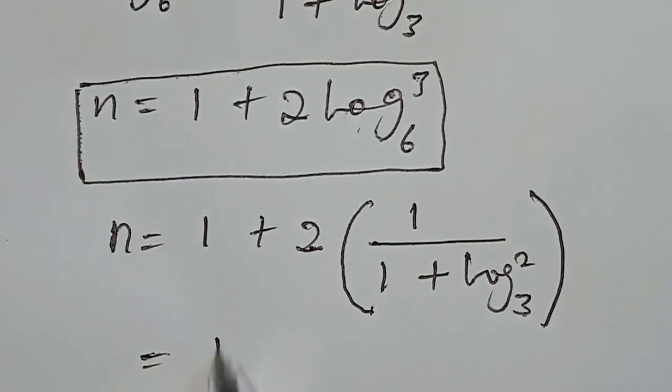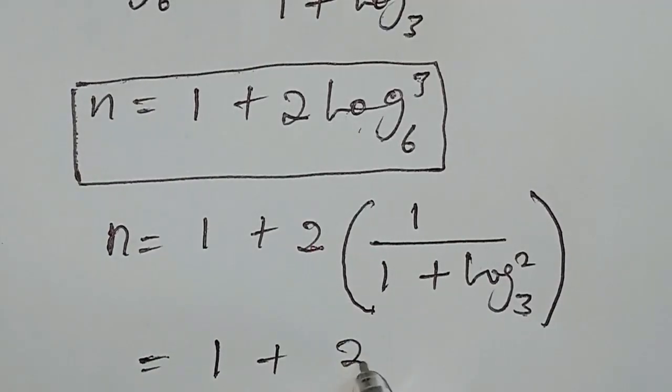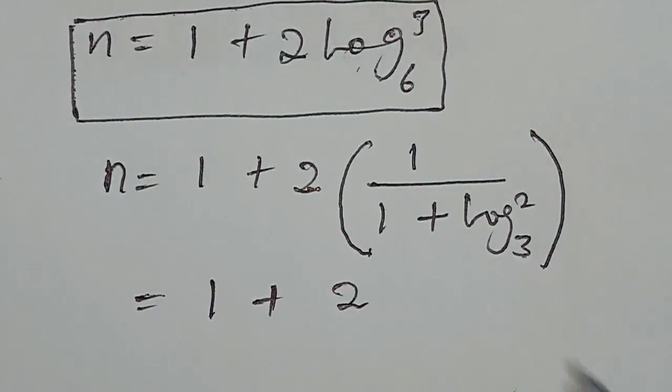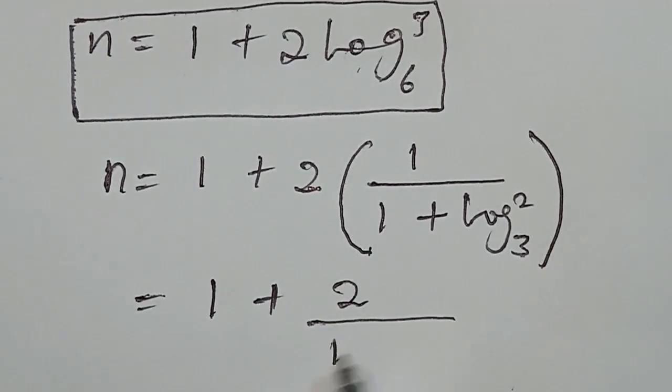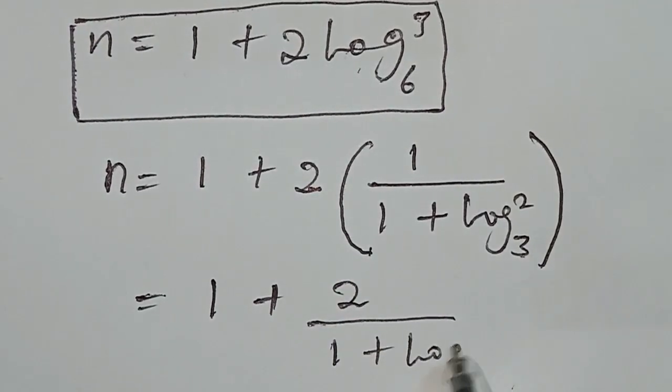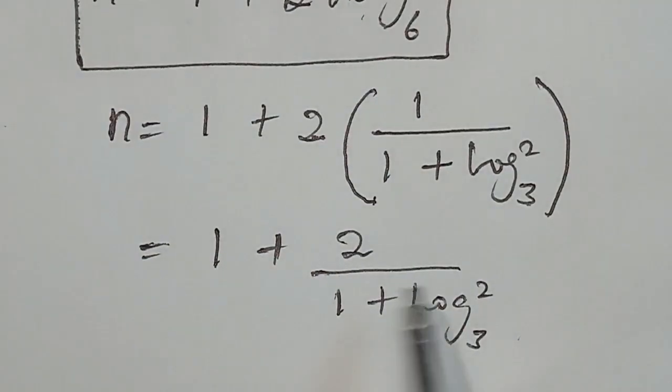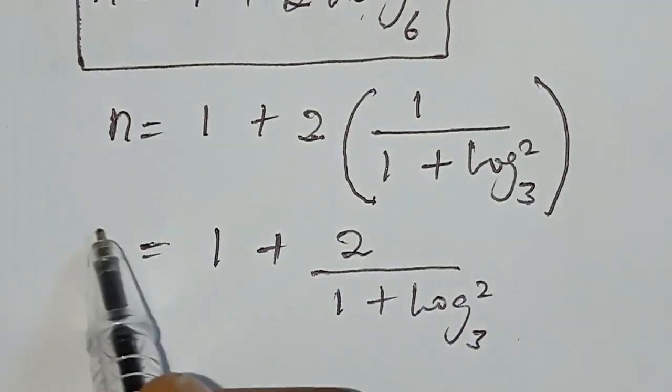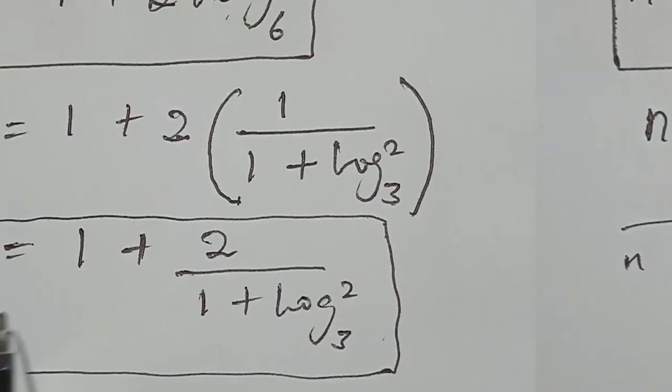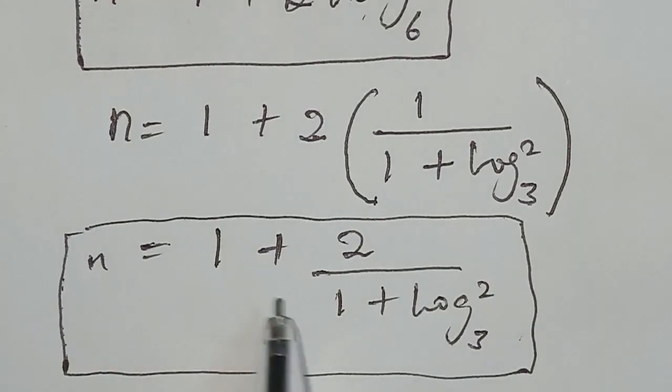We now have 1 plus 2 all over 1 plus log 2 base 3. So this is the proof that the main form of n is equal to the algebraic variant.